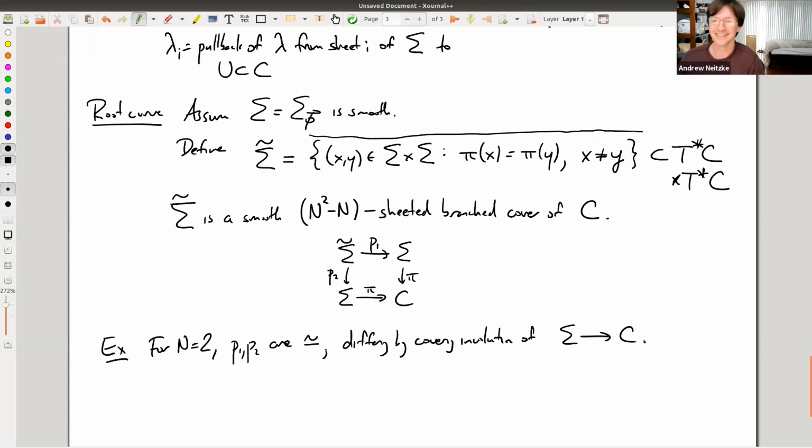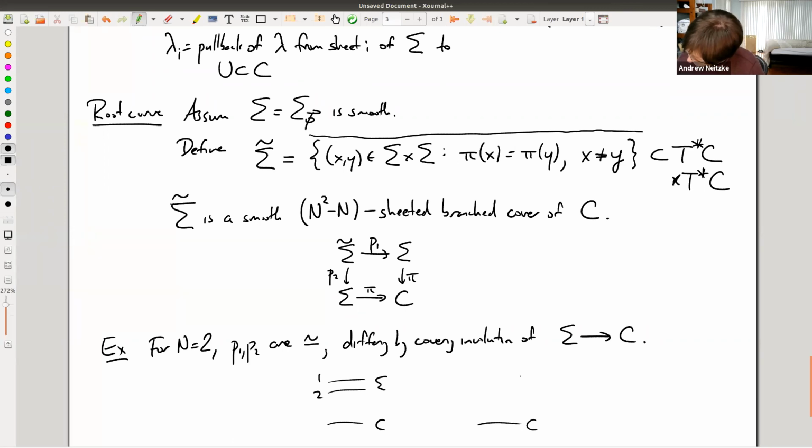Is it okay? So it's again a ramified cover, yes? Branch. Yeah, so in this case, we have C, and then sigma has two sheets that are labeled, say, by 1 and 2.